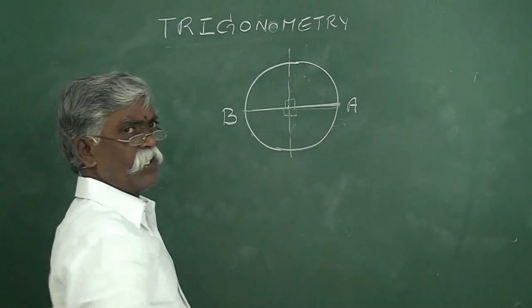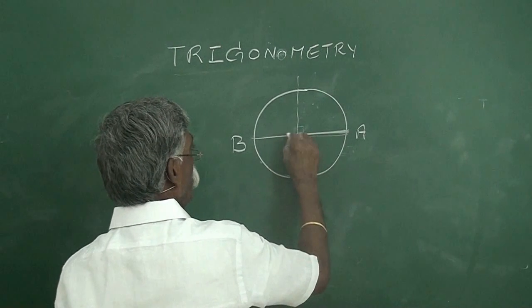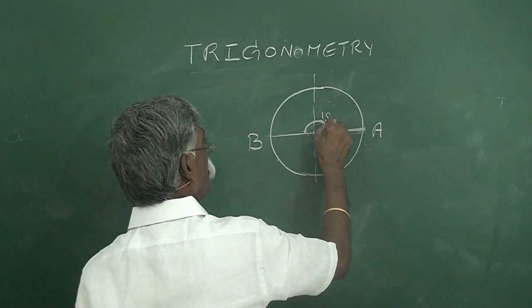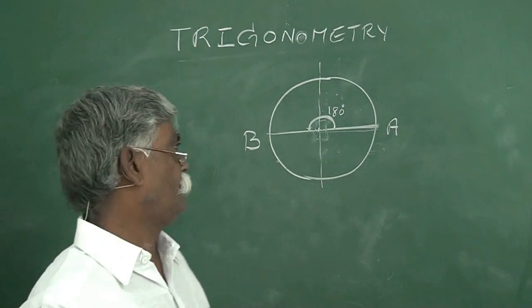The complete angle is 360 degrees. Therefore, from here to here, this angle is 180 degrees according to the sexagesimal system.